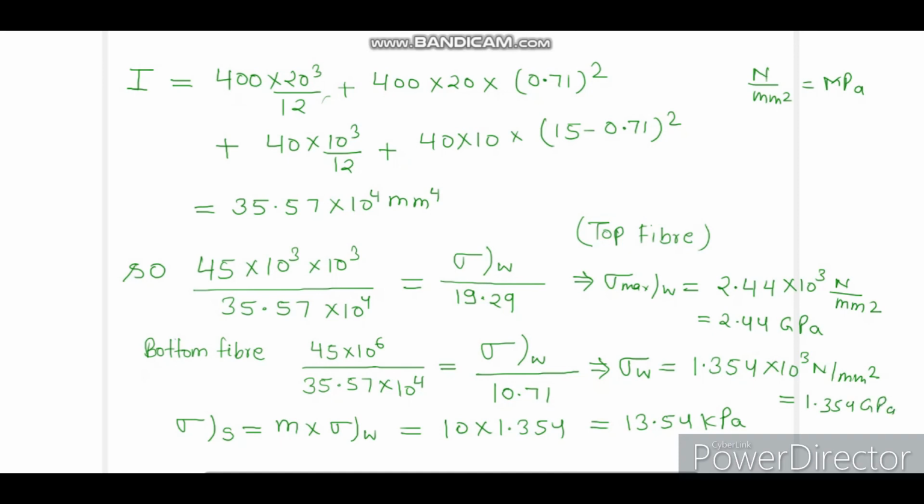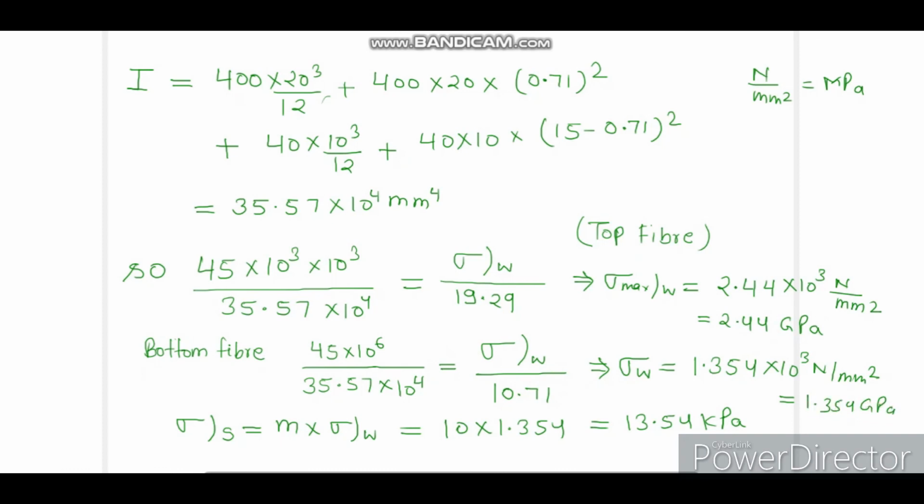This calculation is for the top fiber, the maximum bending stress in wooden material at the top fiber. Similarly, for the bottom fiber, the maximum bending stress becomes 1.354 gigapascal.